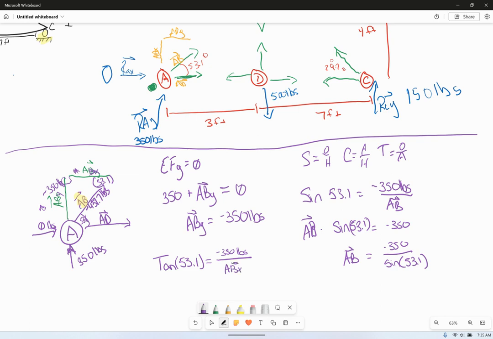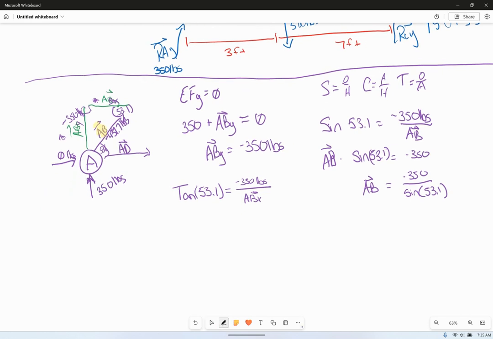So I'm going to isolate my ABX. ABX times the tangent of 53.1 is equal to negative 350 pounds. Then ABX is equal to negative 350 pounds divided by the tangent of 53.1.